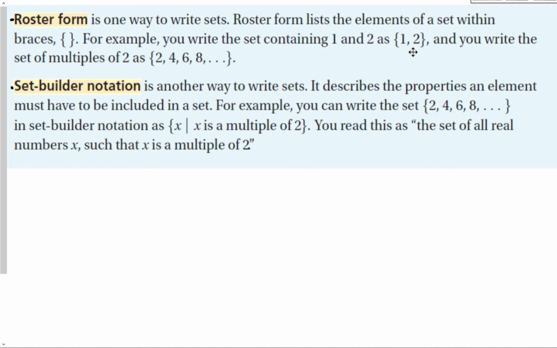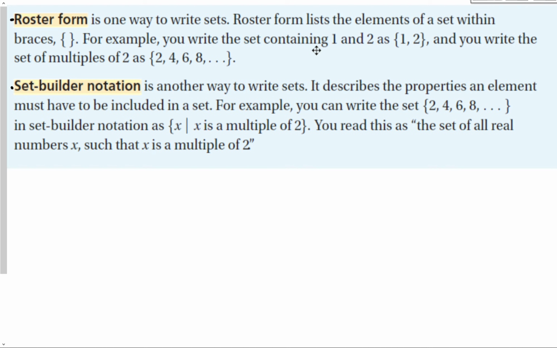Not parentheses, which would indicate a coordinate. This is why we use braces, to differentiate from other types of mathematical symbols. And you write the set of multiples of 2 as {2, 4, 6, 8, ...} with these 3 dots called an ellipsis, which means that this set continues on and never stops.